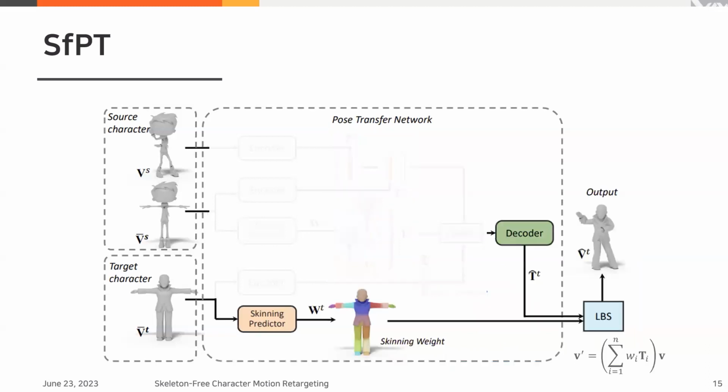Then the decoder is trained to predict transformations on each deformation part of the target mesh. And with the predicted skinning weight WT, the desired pose of the target character is computed through the LBS, linear blend skinning, algorithm.